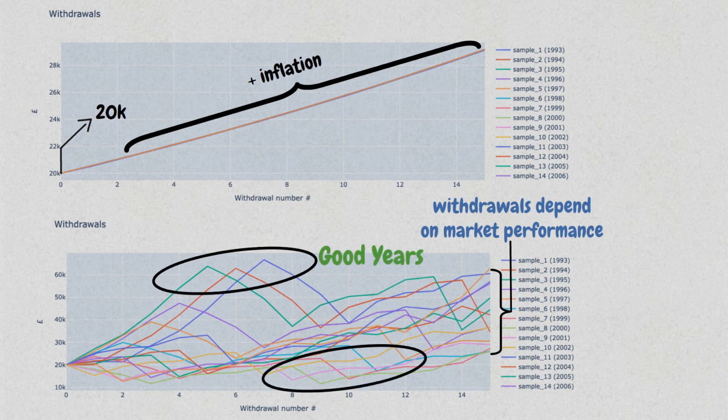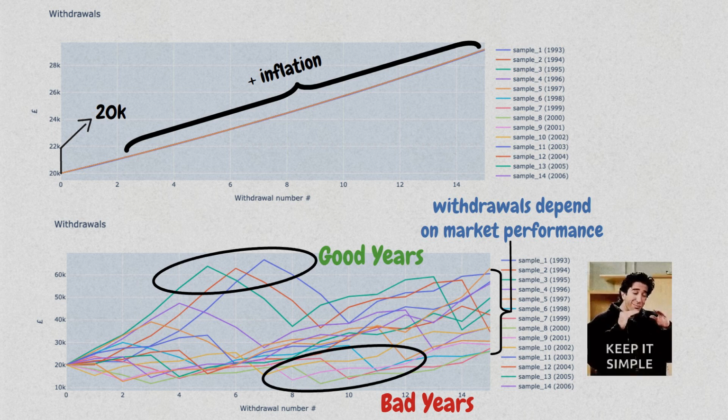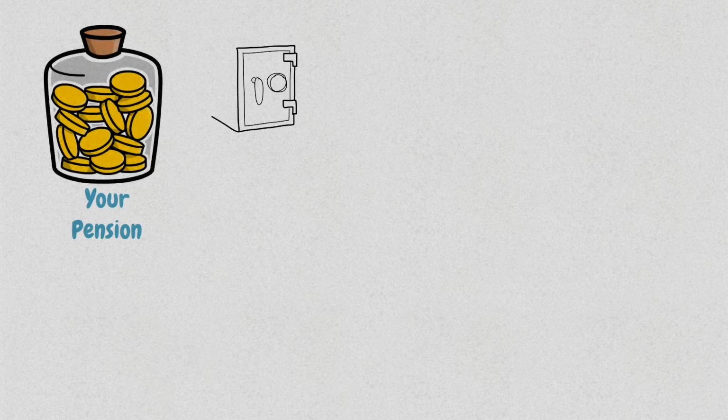So this unpredictability can be a big problem for retirees, which is why some people prefer the static X% method, or 4% as we use here. But here's what you can do. You can build up a reserve which you can dip in when the market conditions are not favorable.